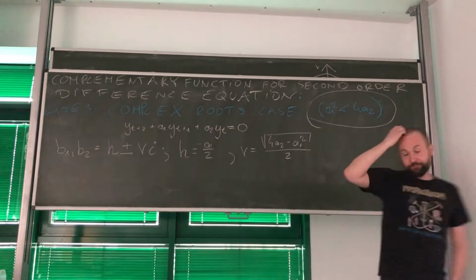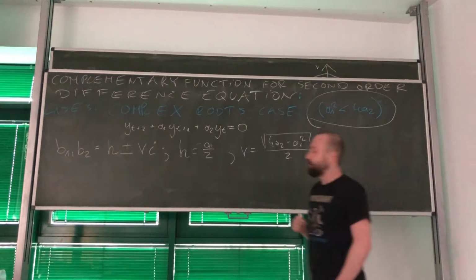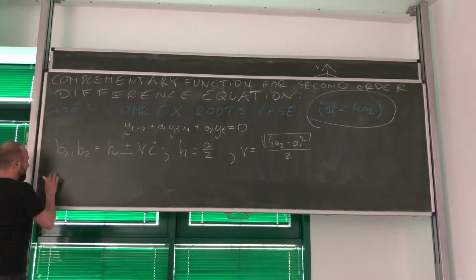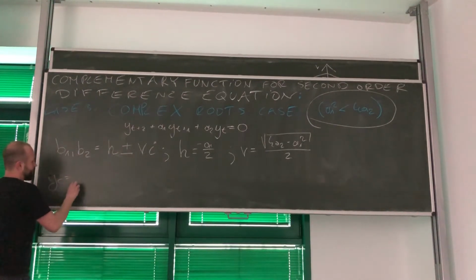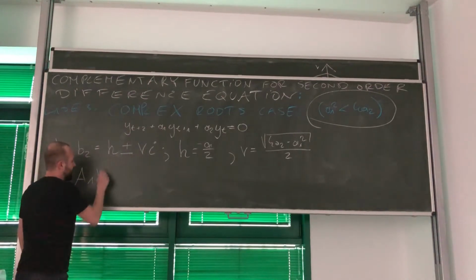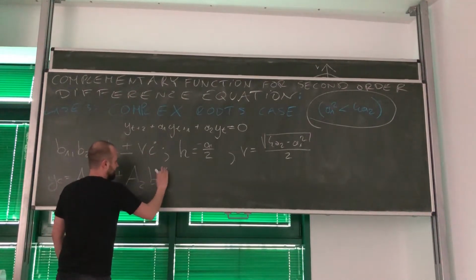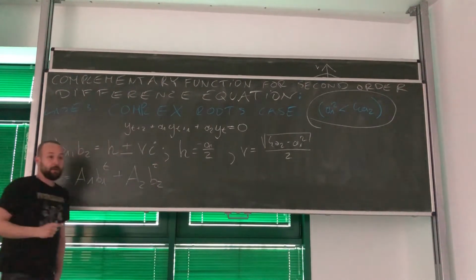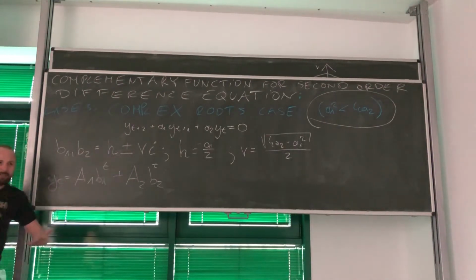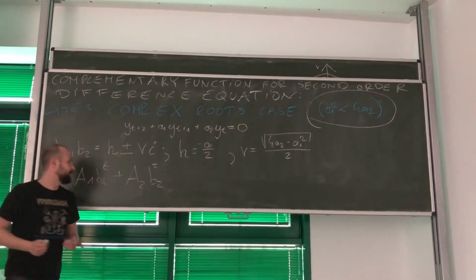Okay, so look, if this is the case, then what is our complementary function? Well, the complementary function should go as yc equals A1 b1 to the power of t plus A2 b2 to the power of t. Right, and now we can take the answers we've got and simply substitute them into the equation, right?